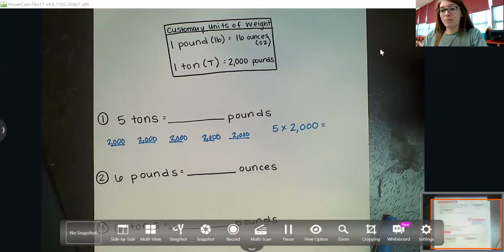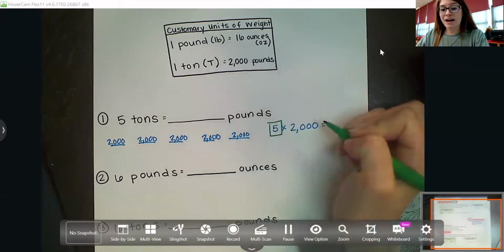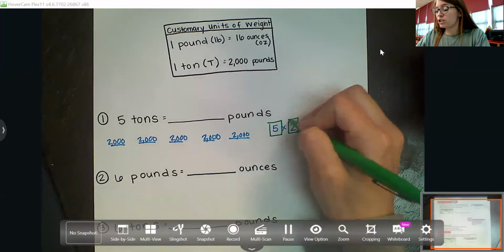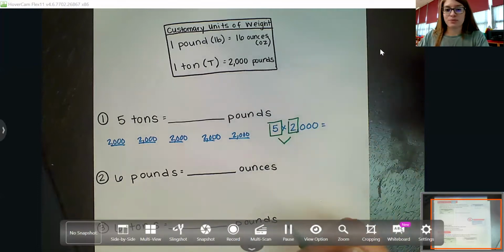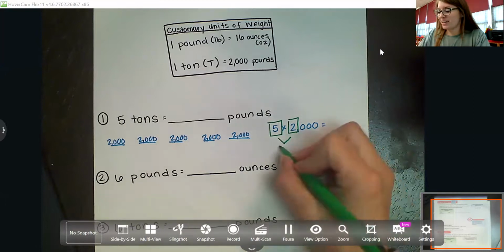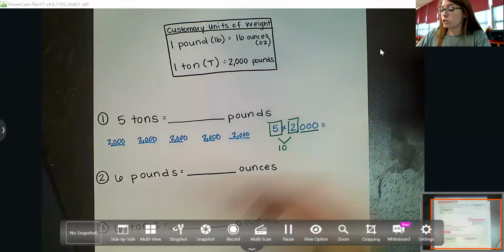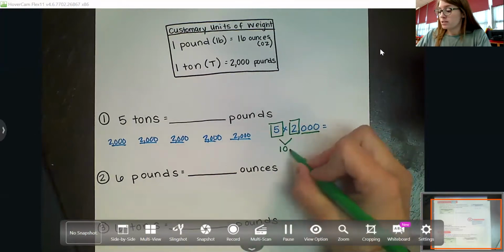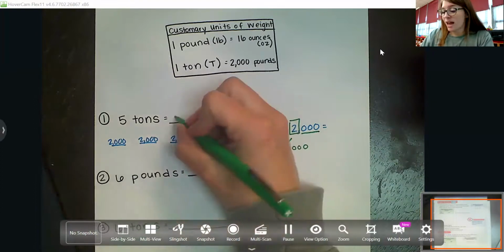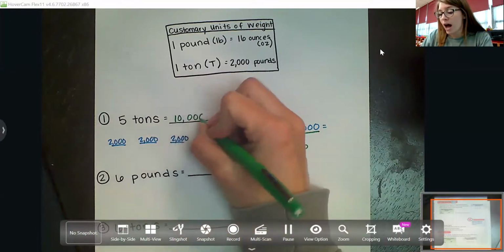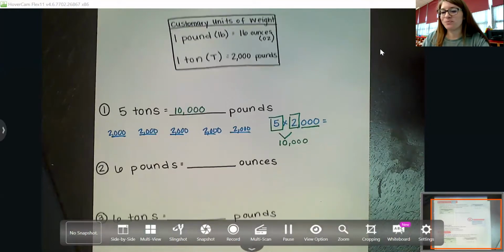So if we look at our basic fact here, we've got 5 times 2. What is 5 times 2? 10. Very good. And then I'm going to look at how many more zeros I have to add, which would be 3. So 5 tons is the same thing as 10,000 pounds.